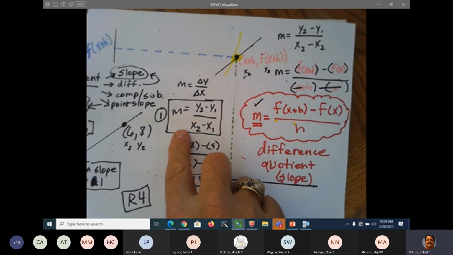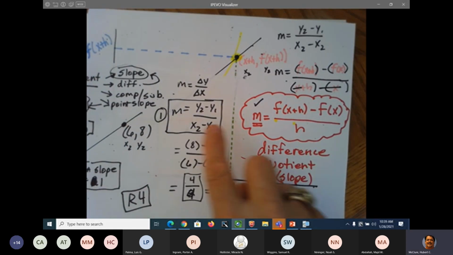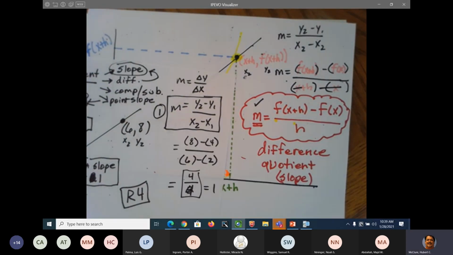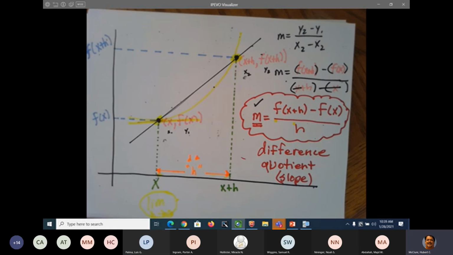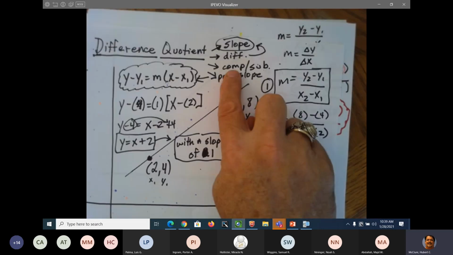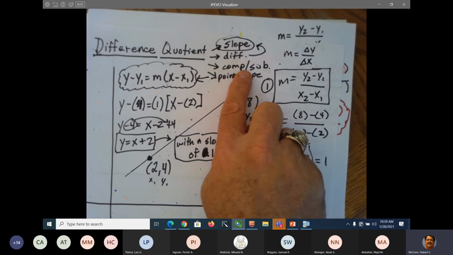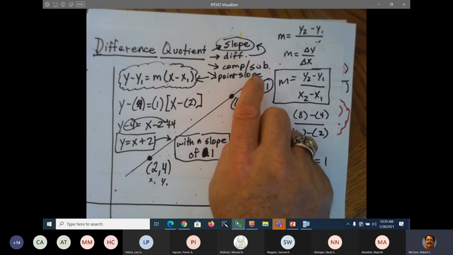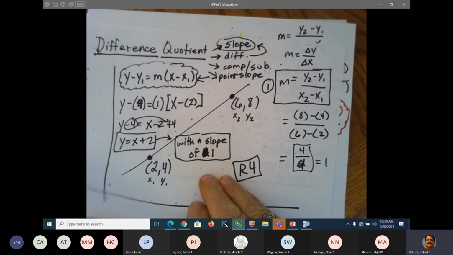Don't you feel good about yourself? Yes. Now, what's the third thing? Composition, or fourth thing, because point slope, we did that. Composition substitution, and that is the homework question that we are at right now.